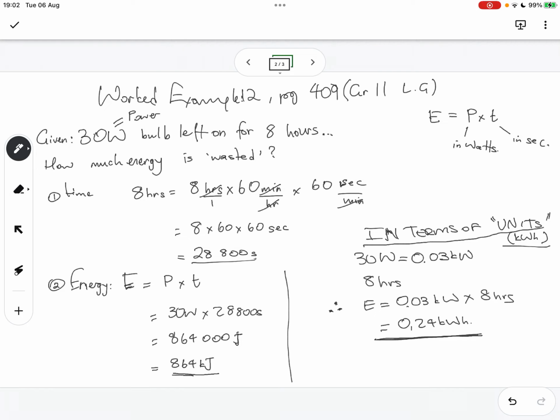So if you spend 8 hours with the light on and there's no one, and this light bulb is 30 watt, and no one is using that light productively, then if that light shines for 8 hours straight uninterrupted, it will have used 0.24 kilowatt hours. Now we can quickly look at how much that costs your mom or dad or your parents.